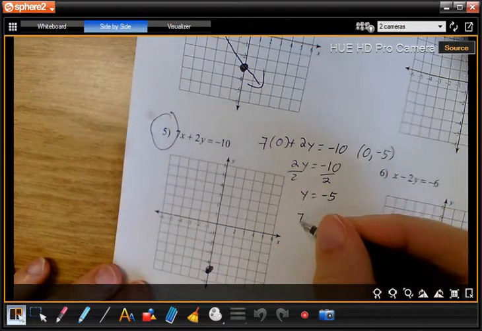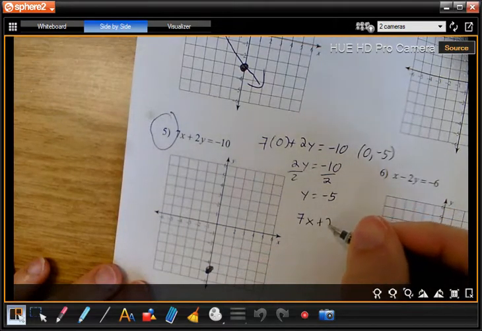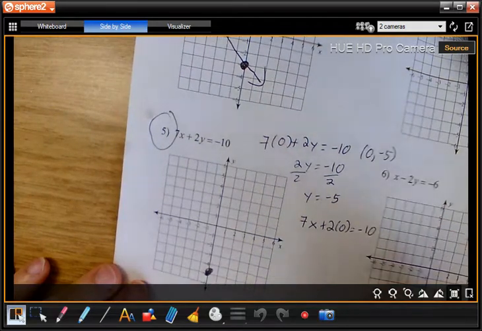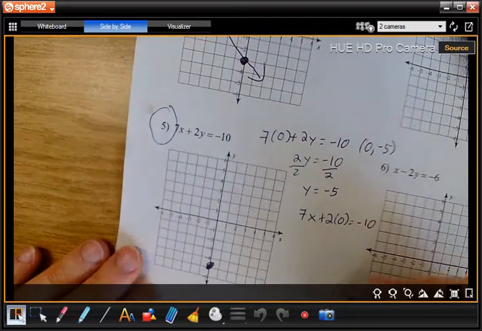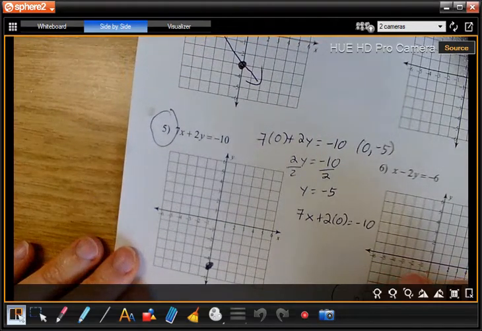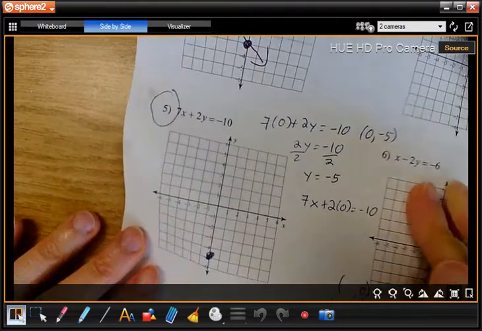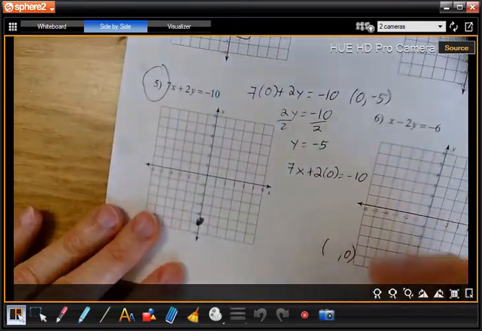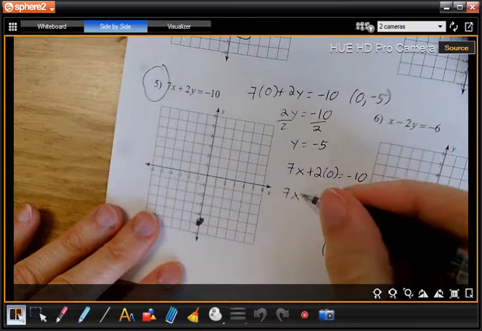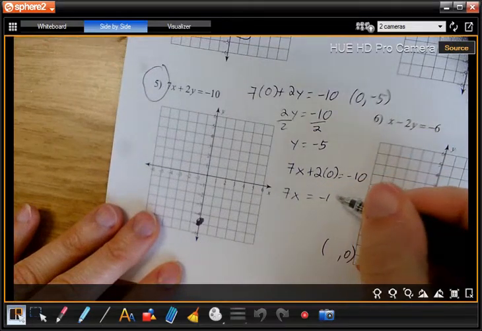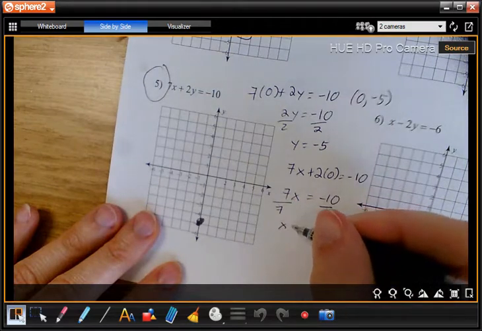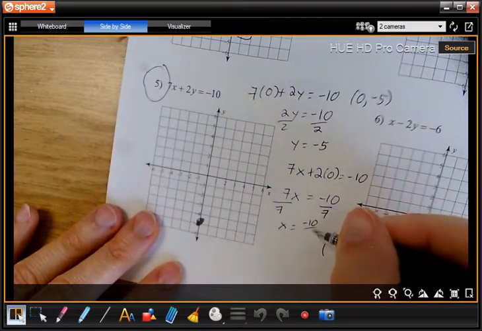Now I'm going to do the same thing, but I'm going to plug in a 0 for y. So I get 7x equals -10. Divide both sides by 7, and I get x equals -10/7.